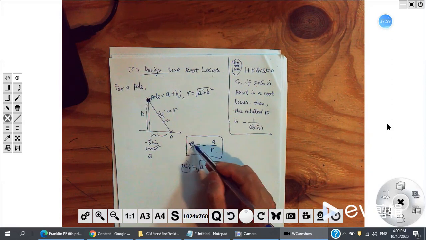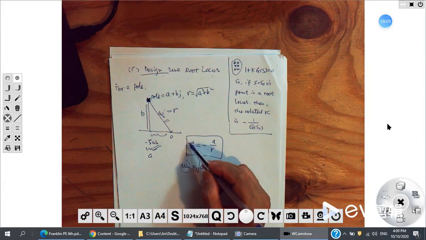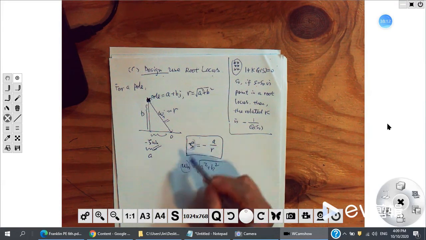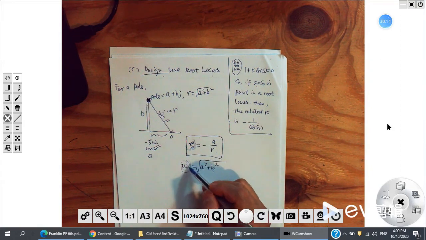So you want zeta to be equal to some value, or smaller than something, or larger than something. You have a requirement on zeta, and also on omega n.